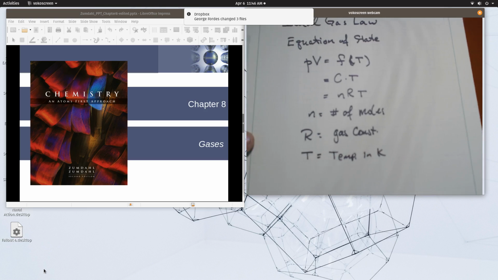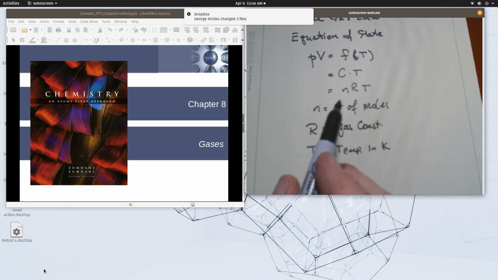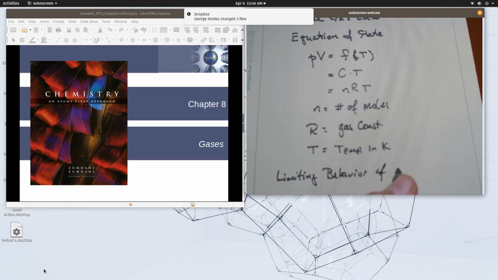Okay, and the ideal gas law is important because it is the limiting behavior of all real gases at low pressure.